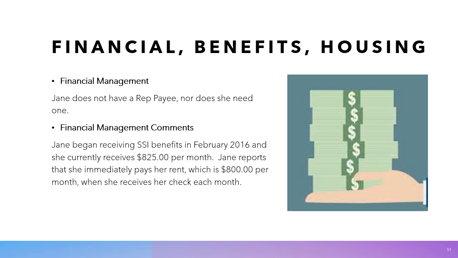Jane reports that she immediately pays her rent, which is $800 per month, when she receives her check each month. Supports ISP goals to assist with financial management needs? No. Jane does not need assistance in this area.